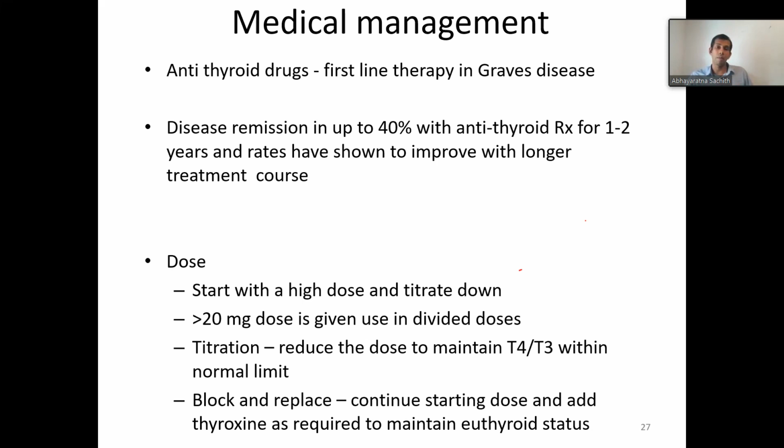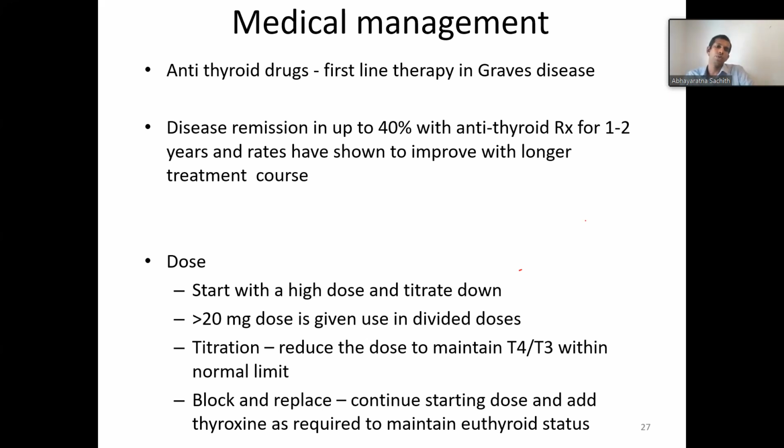That is, you give a high dose of carbimazole along with thyroxine, and you continue with this high dose throughout for about 6 months without reducing the dose. Invariably after about 1 or 2 months, the patient will go into hypothyroidism, which will be covered by the thyroxine that is added. So in the initial stage, you don't give thyroxine even in block and replacement. After about 2 months, you add thyroxine and you maintain the same carbimazole dose.